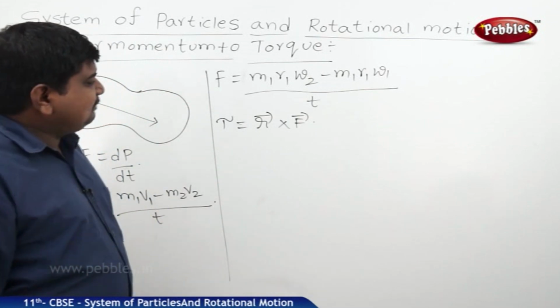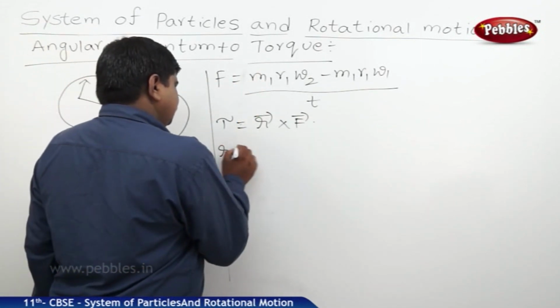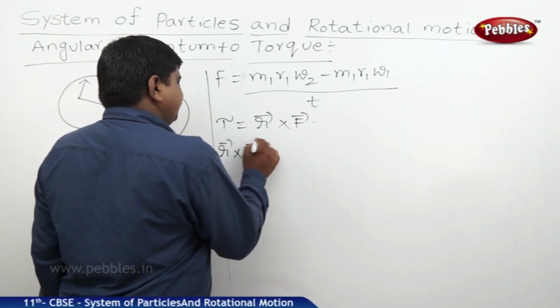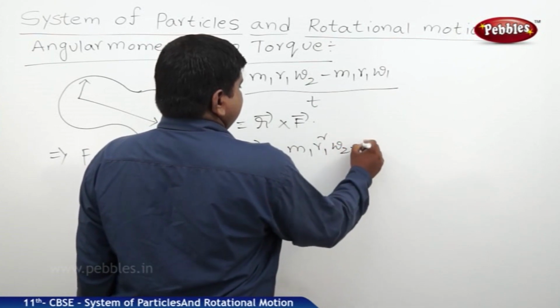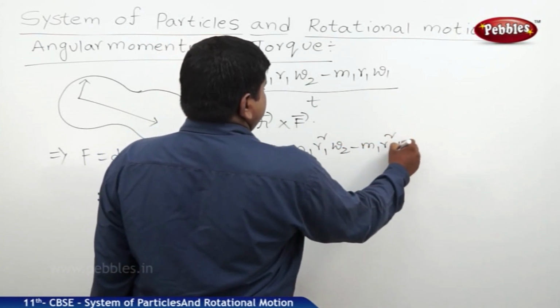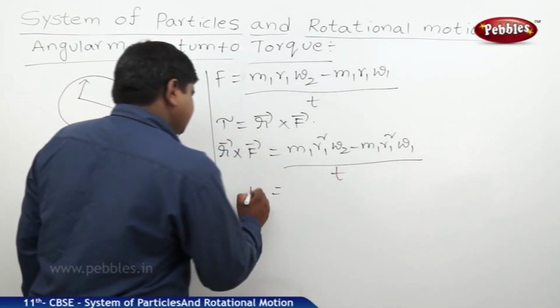That's why I am multiplying with r bar on both sides of the equation. Therefore, r bar cross F bar is equal to (m1 r1 square omega 2 minus m1 r1 square omega 1) divided by t. This is equal to tau.